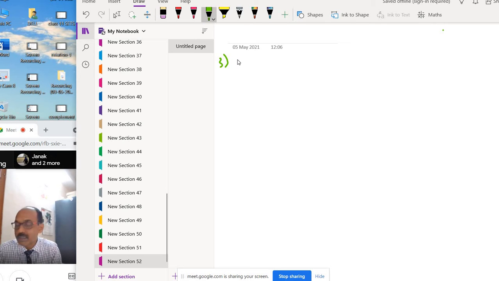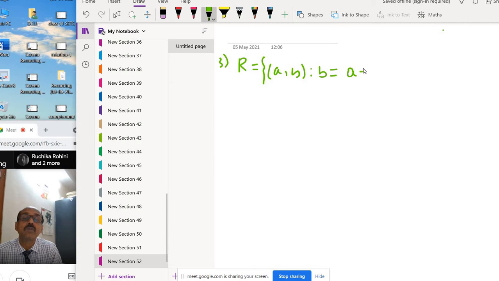So the relation R is given as R = {(a, b) such that b = a + 1}.